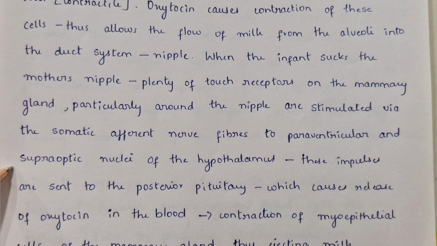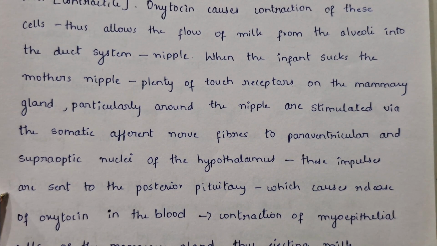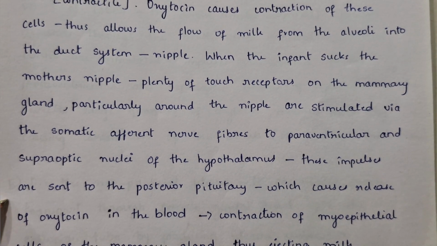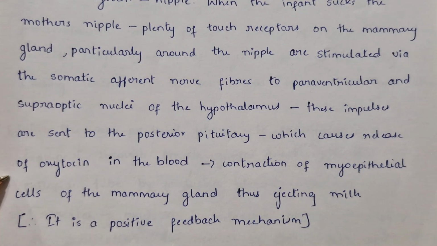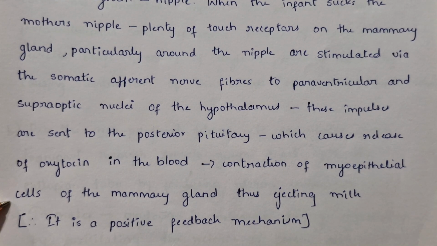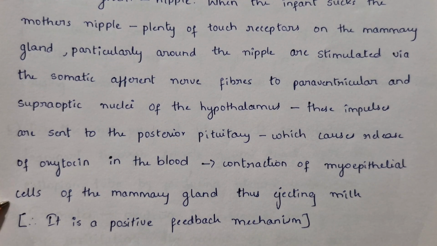These impulses are sent to the posterior pituitary gland, which causes release of oxytocin in the blood, which further causes contraction of the myoepithelial cells of the mammary gland, thus ejecting milk. Therefore, it is a positive feedback mechanism.